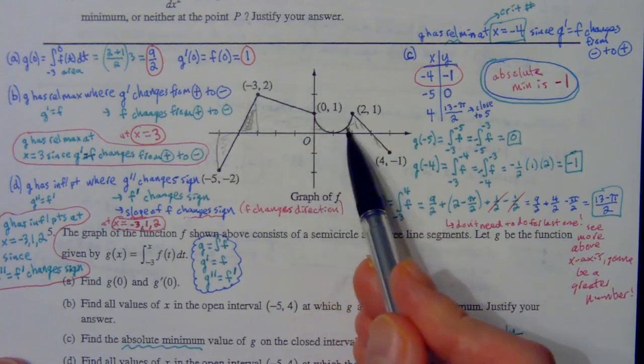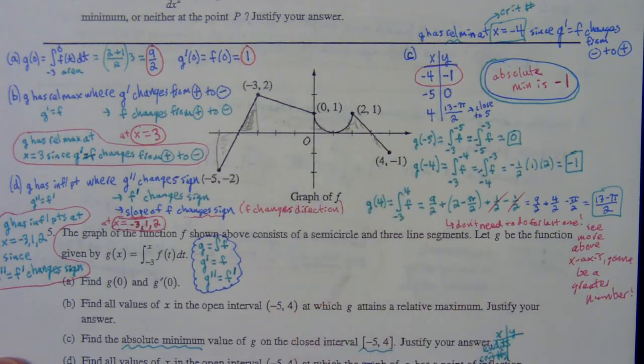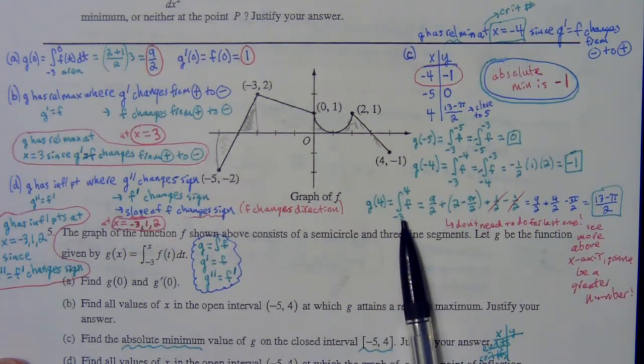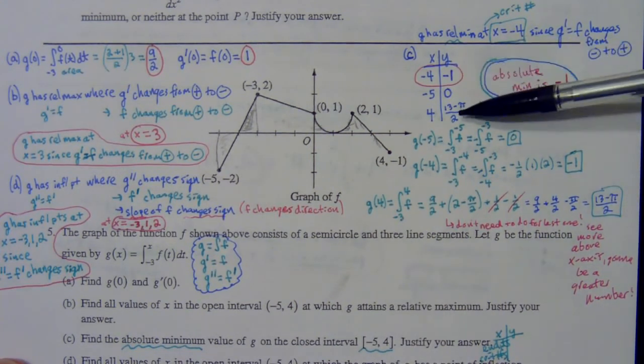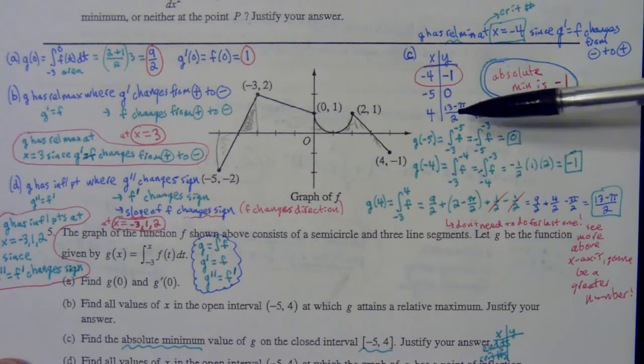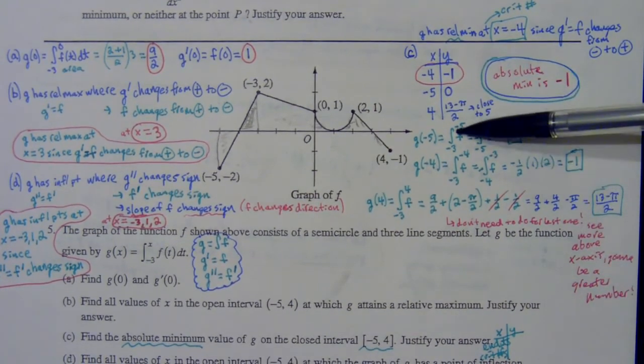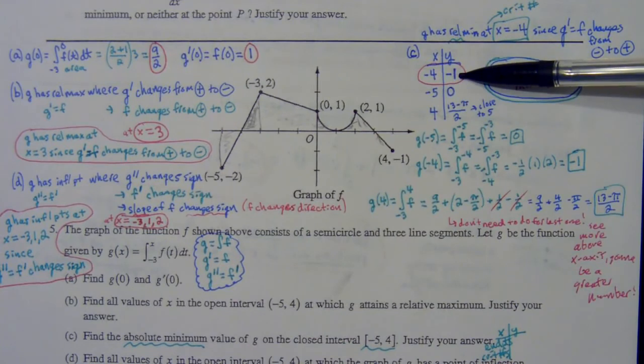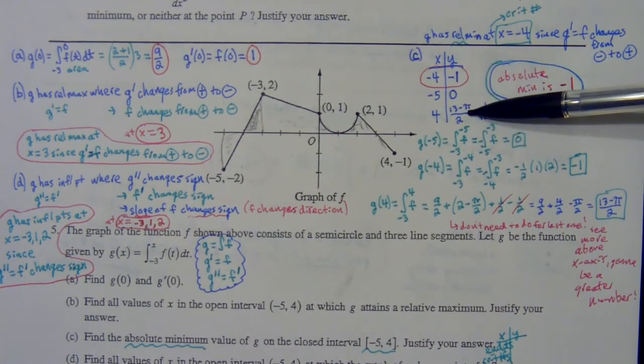You see how the majority of that is above the x-axis. So if that is majority above the x-axis, that means that area, that integral, will be a positive number. And so I'm expecting a positive number right here. And if I'm trying to find the absolute min, I already have a -1 right there, which is going to be smaller than any positive number that we could come up with.